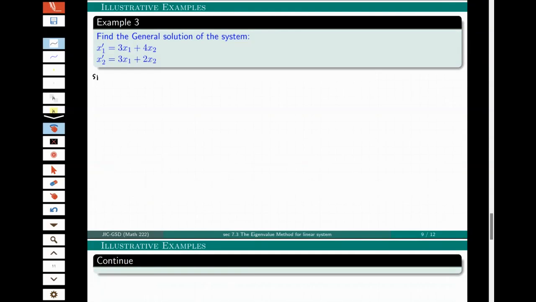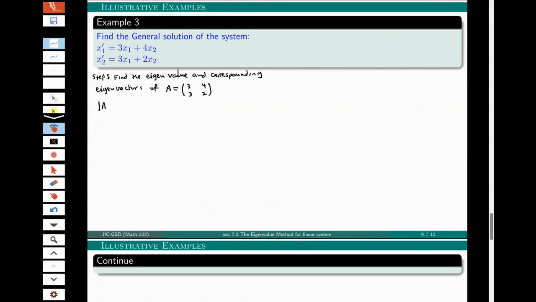So our first step, we will say find the eigenvalues and corresponding eigenvectors of the matrix A, which is the constant matrix 3, 4, 3, 2.